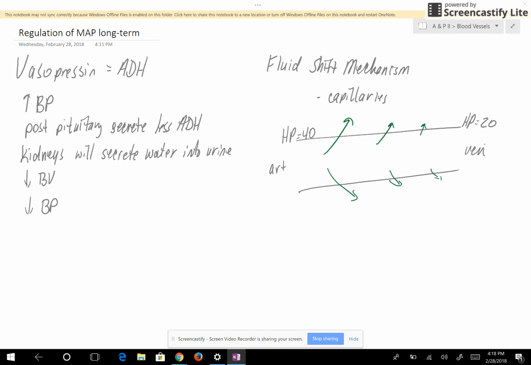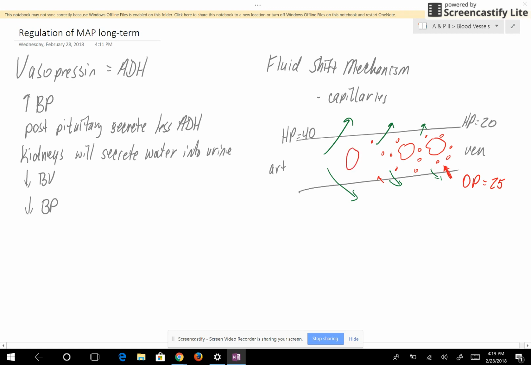And the osmotic pressure is not going to press very much water in. Let's get another color here for osmotic pressure. Osmotic pressure is going to be about 25 here, so you have a small arrow pushing the water in. You have a smaller arrow pushing here because the blood is not as concentrated here in the middle compared to the venous end. Remember that you have plasma proteins and red blood cells that are in the blood, making it more concentrated.